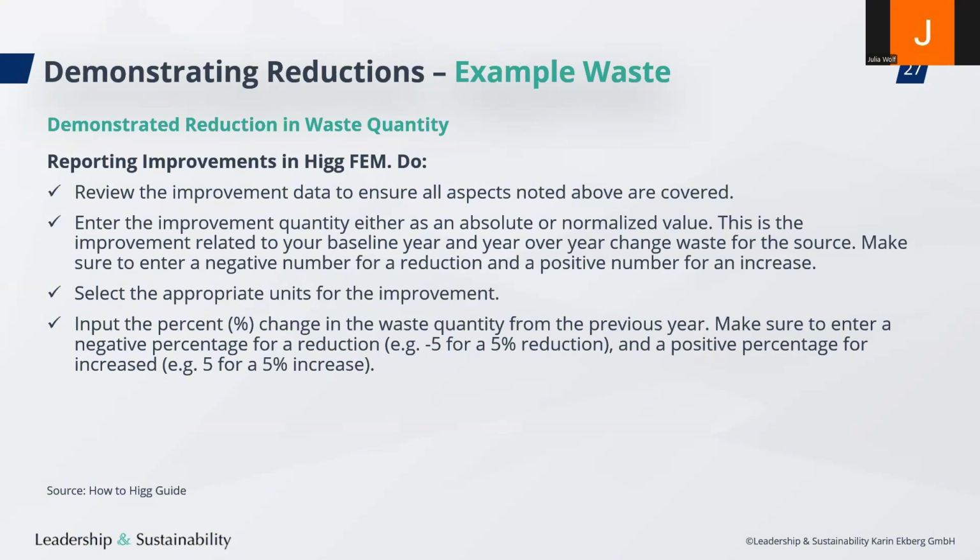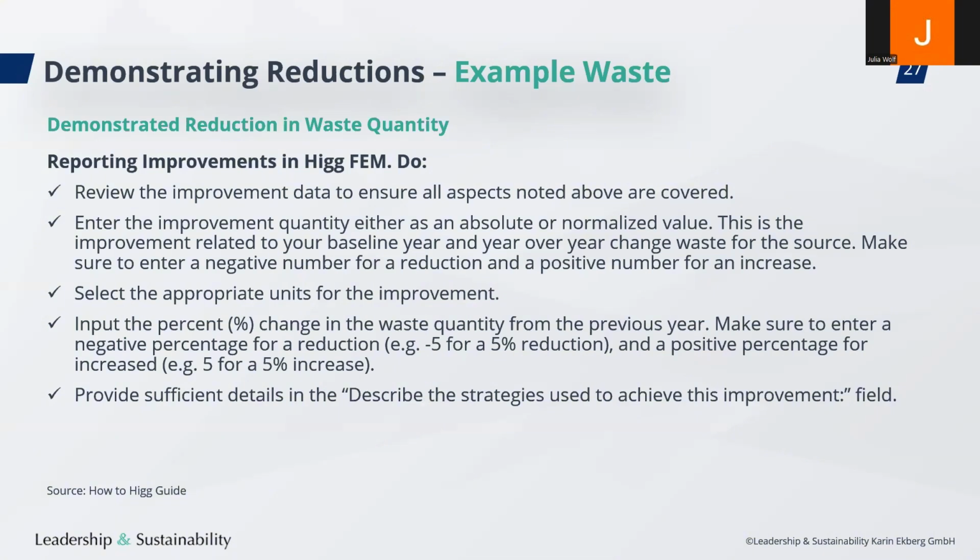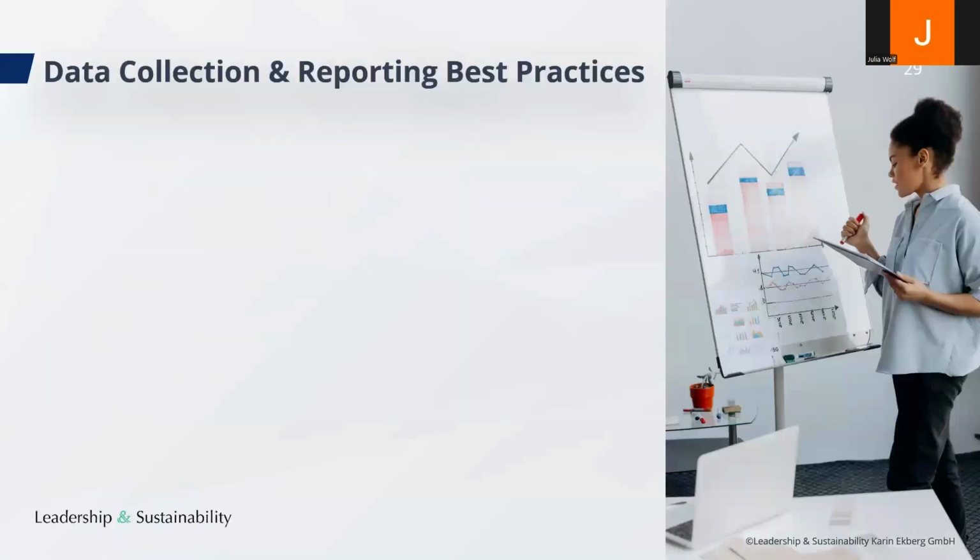So if you have reduced your waste, you should have a minus sign ahead of the 5 if it is a 5% reduction, and if you actually increased your waste, it should be just without a sign, but then you include the 5. And then you should also provide sufficient details in the describe the strategies used to achieve this improvement field.